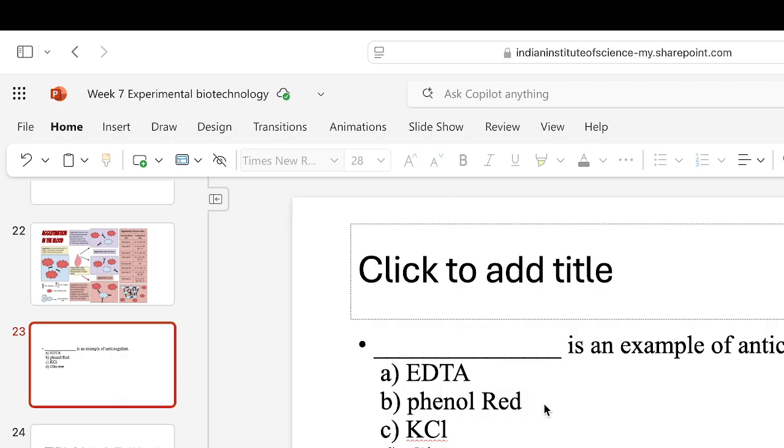Sir, can you please repeat the question? So what is actually forming these clots in coagulation? Is this an enzymatic process?